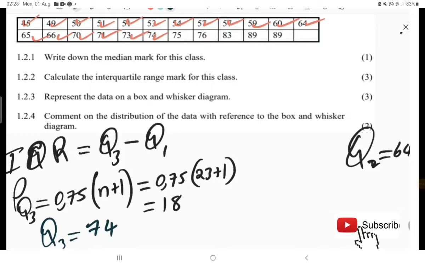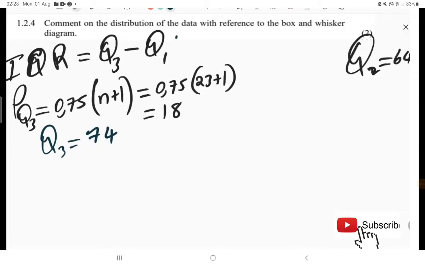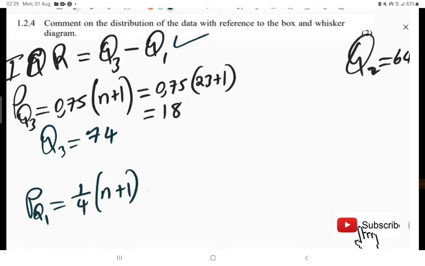Okay. Now, we are going to look for Q1. The Q1 position is calculated by finding the position first. So the position of Q1 is equal to 1/4, which is the first quarter, 25%, times n plus 1. Our n is 23, plus 1, so the position of the first quarter is 6.